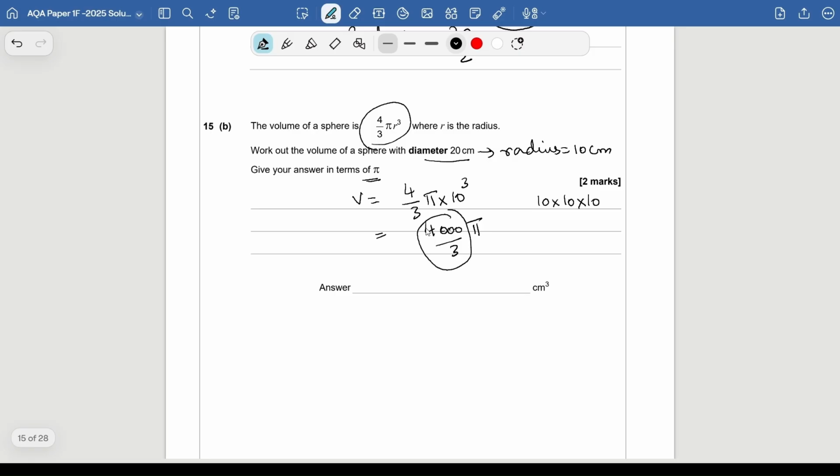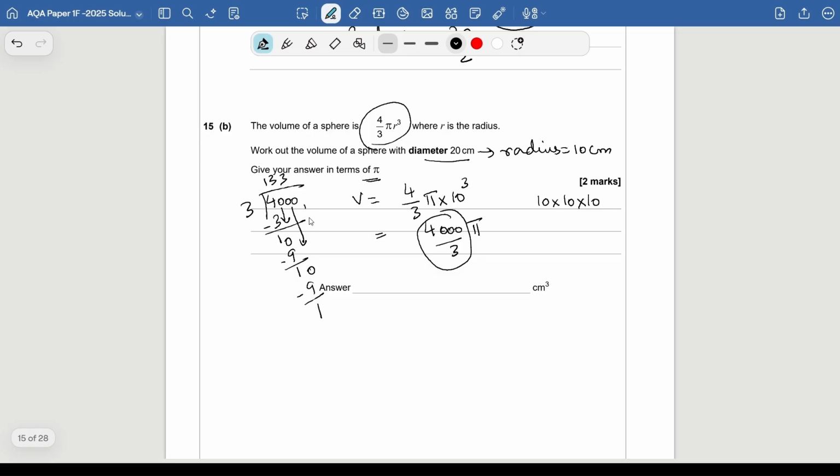So this fraction I can write as a decimal also. So 4000 divided by 3. 3 goes in 4 once, so we have a remainder 1. So we bring this 0 down. 3 threes is 9. We have a remainder 1, another 0. 3 threes is 9.